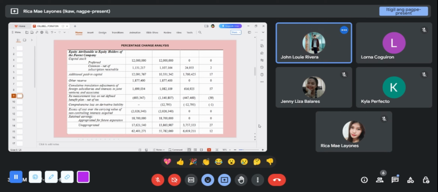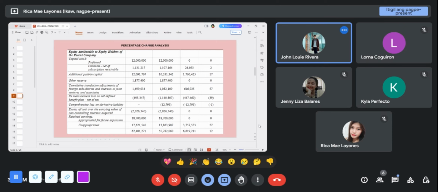Remeasurement loss on net defined benefit plan net of tax, amount negative 447,460, decreased by 39. Comprehensive loss on derivative liabilities, amount negative 12,795, decreased by 1. Excess of cost over the carrying value of non-controlling interest acquired, 0.